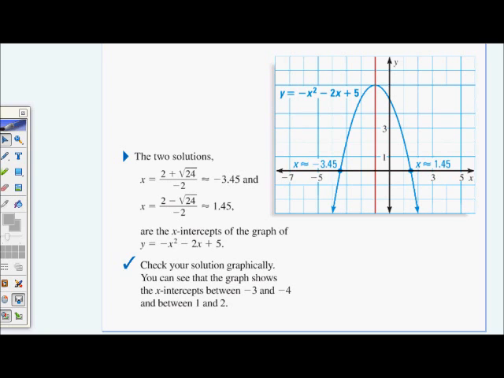And when we first looked at our equation, y equals negative x squared minus 2x plus 5, we could use our formula, negative b over 2a, to figure out our vertex, and we could go ahead and sketch our hyperbola.